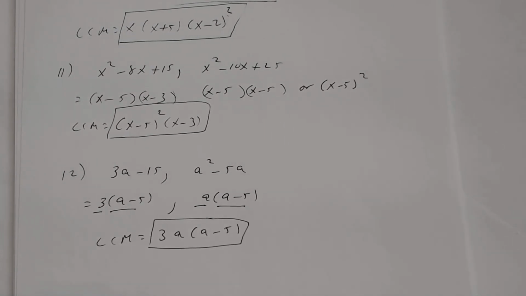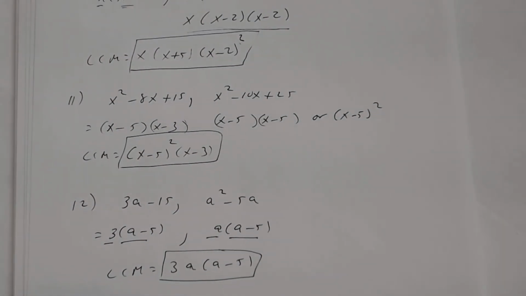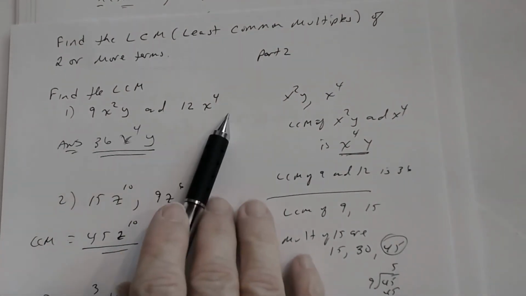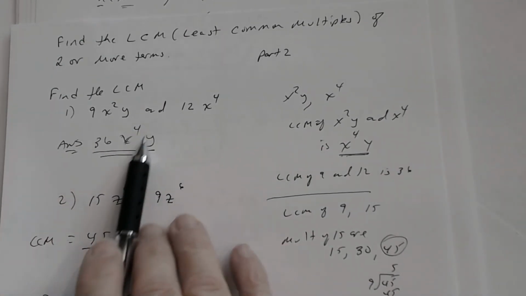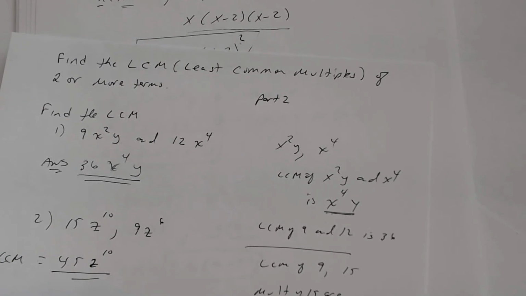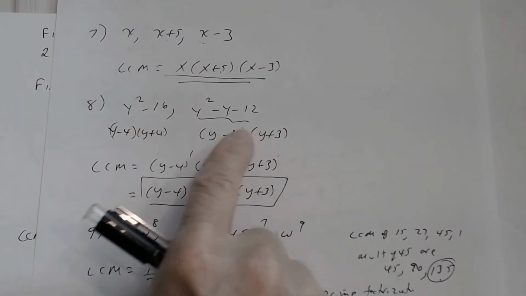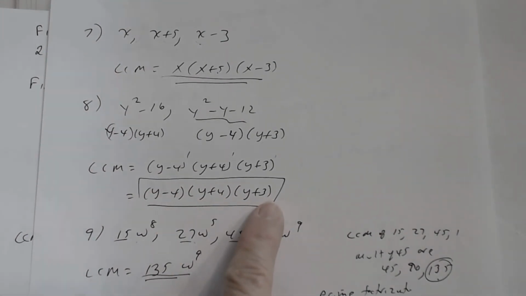Okay? All right, so this was part 2 of our continuation about the least common multiple. Now in part 2, that's where we started talking about variables. So some of these involve monomial factors. If it's just monomial factors, it's a little bit easier to deal with. Some involve polynomials, where you had to factor first, and then you found your least common multiple.